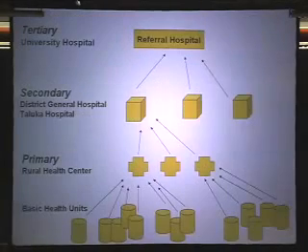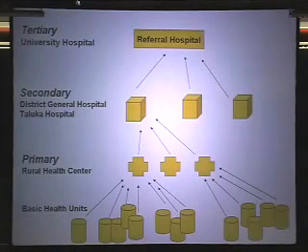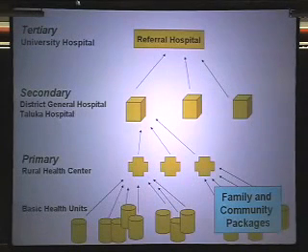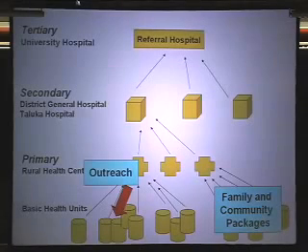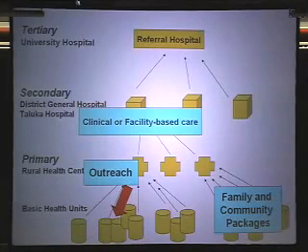In order to then see how we could deliver them in a health system where, as I've already indicated, the bulk of these deaths are taking place at home and health systems are weak, we attempted to package these interventions into family and community packages, outreach programs that could go through health workers from outposts, and clinical and facility-based care packages.